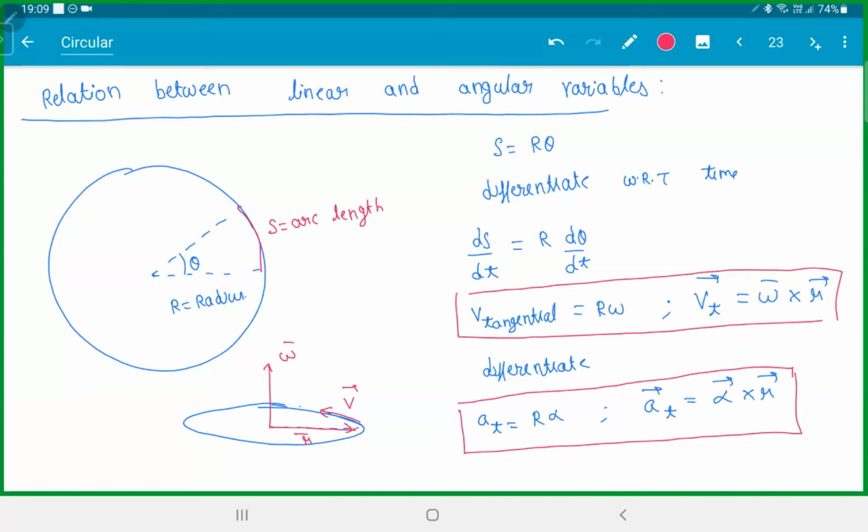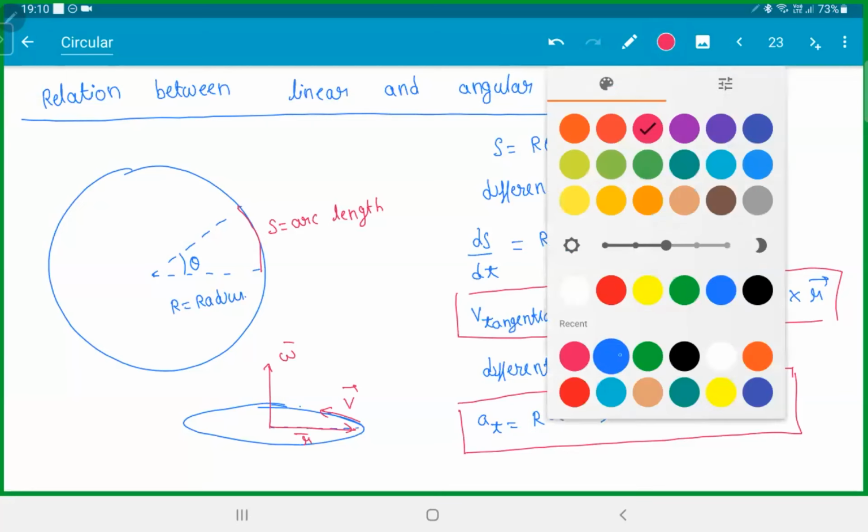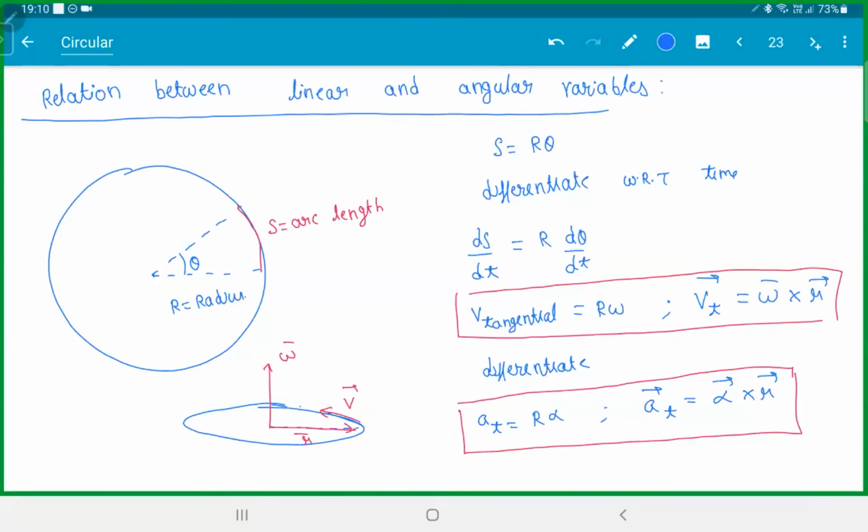Clear? Let's see some questions on this. Now the questions will look quite similar to kinematics, what we have done.